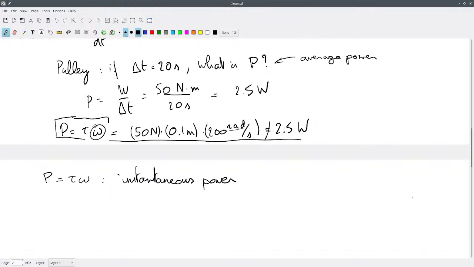And so what that means is that as omega increases, even though the torque remains constant, the power will increase, but such that the average power is going to be smaller, of course, than the power at the end point when the omega is at its highest value. Okay.